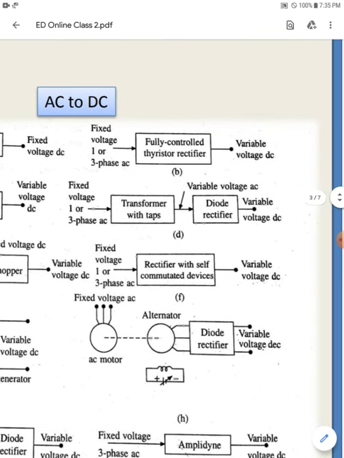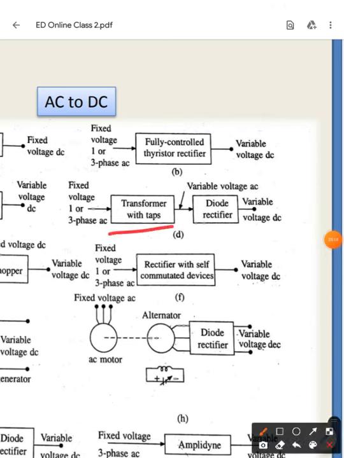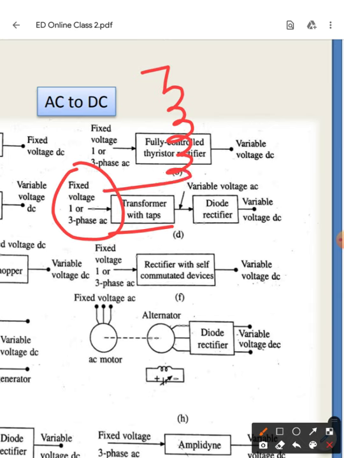Similarly, by using a tap changing transformer, one fixed AC voltage will be given to one transformer. Let us consider this is the single phase AC input we are providing here. By using the tap changer, we will get the output voltage.